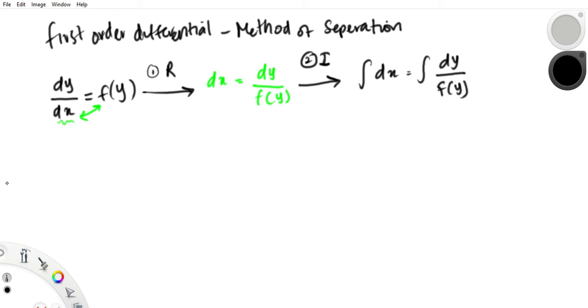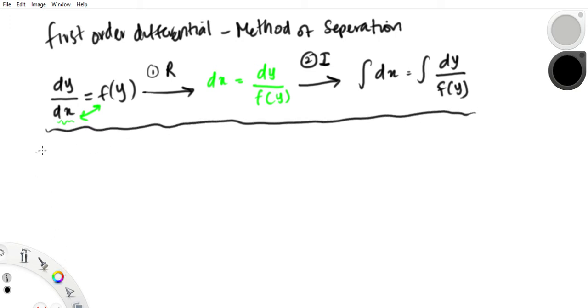Alright, let's do an example. Let's say you have dt over dx equals alpha t. Alpha is a constant, it's just a number. Alpha will be given, even if it's not, it doesn't really matter, it's a constant. It's t that changes depending on different things.